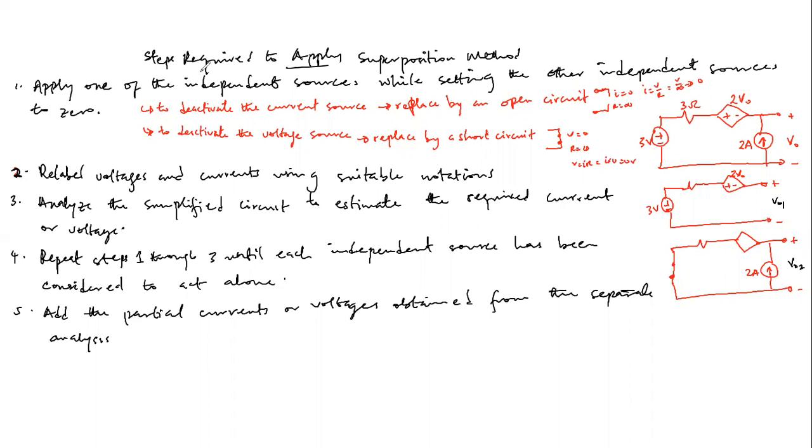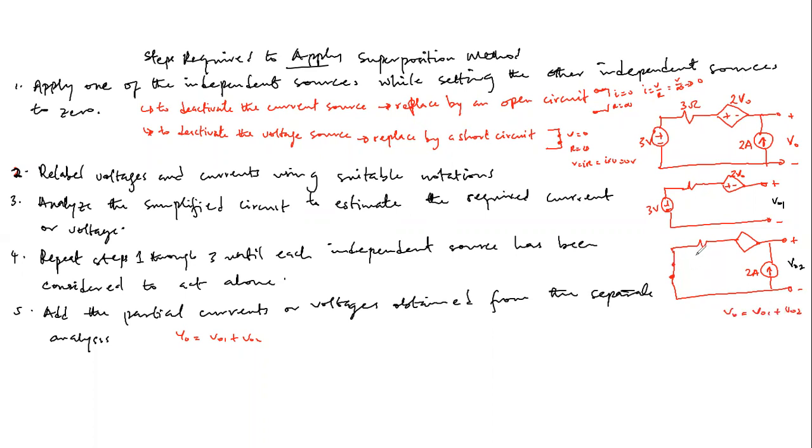Okay, so in our case, V0 will be the same as V01 plus V02. So in this case, we have V0 to be the same as V01 plus V02.